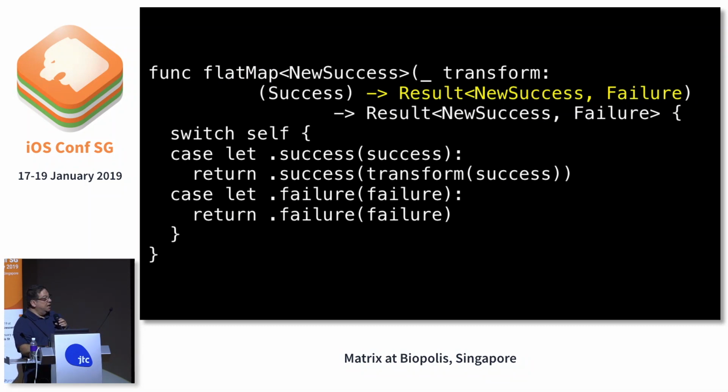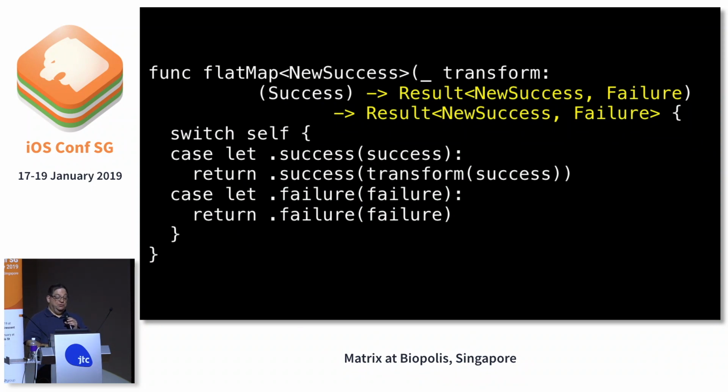And how do I recognize it? The return of the inner function, the return of that transform, always matches the return of flatMap. Whereas with map, the transform would just be from success to new success. For flatMap, it's success to a result, generic in new success and failure.